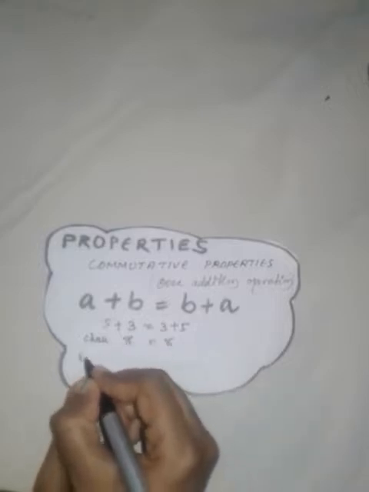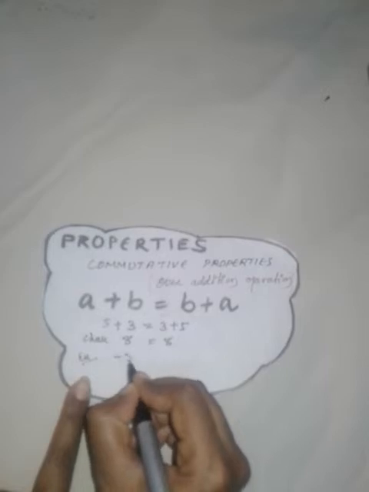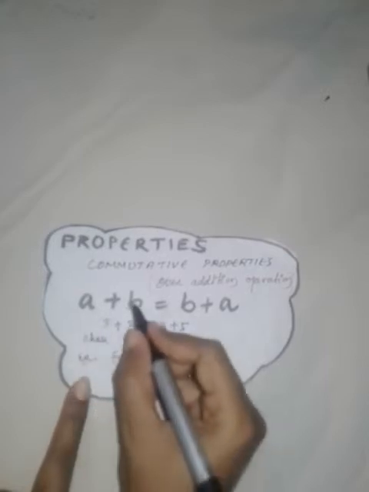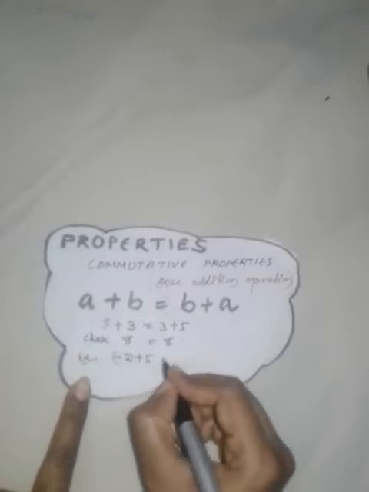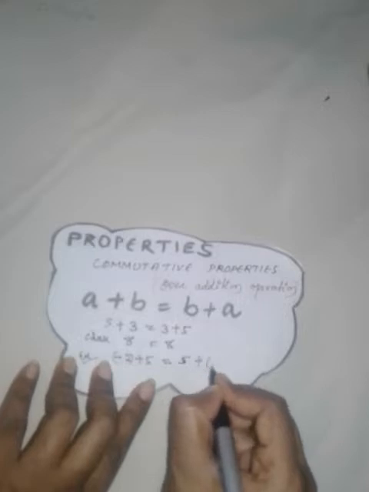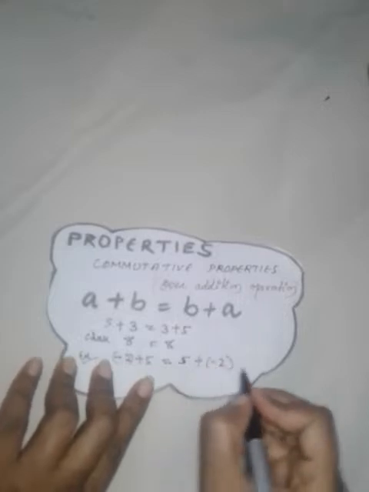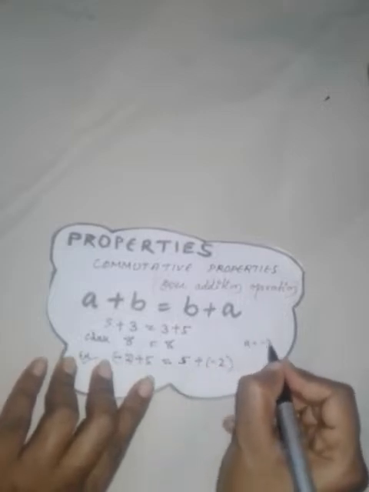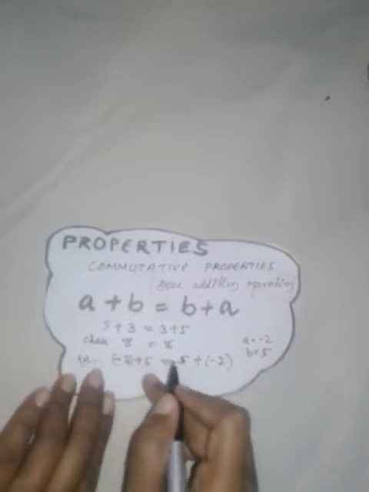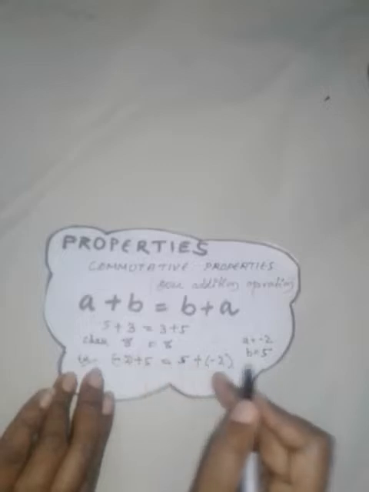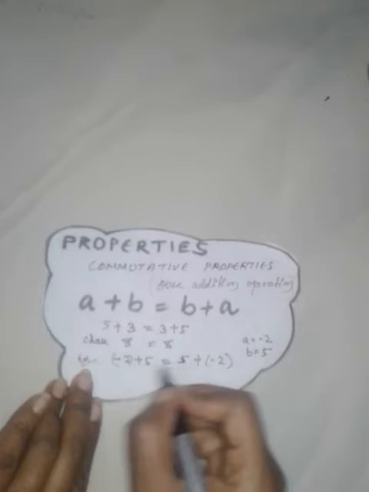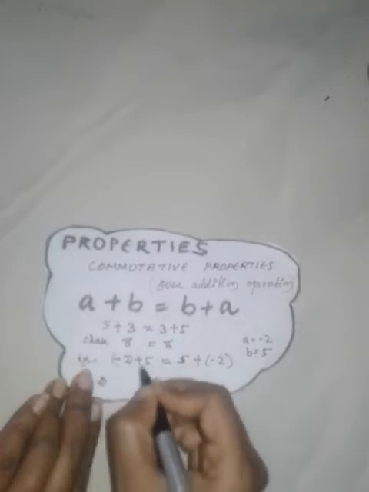Suppose another example, minus 2 plus 5. A equal to minus 2 and B equal to 5, so A plus B equal to B plus A. Let's check whether this is true or not.